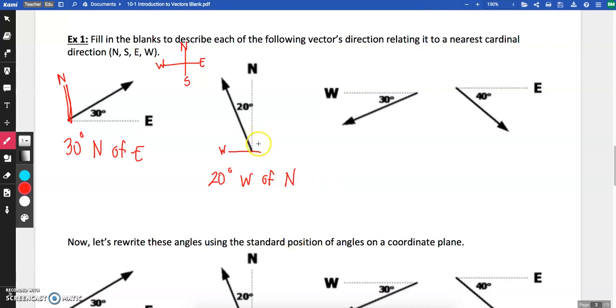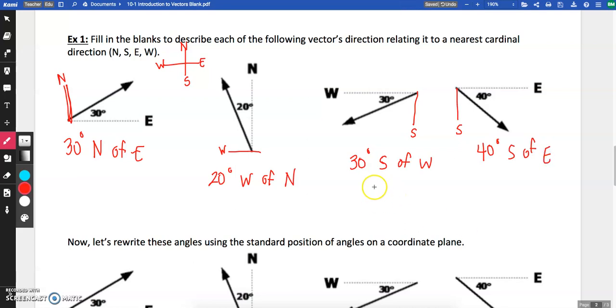The next one here, I have my west labeling, and I can see it's a little bit below that, but when I think back to cardinal directions, it's getting closer to south, so we would say 30 degrees south of west. And then lastly, I have my east labeling. This one is again getting closer to south, so 40 degrees south of east.